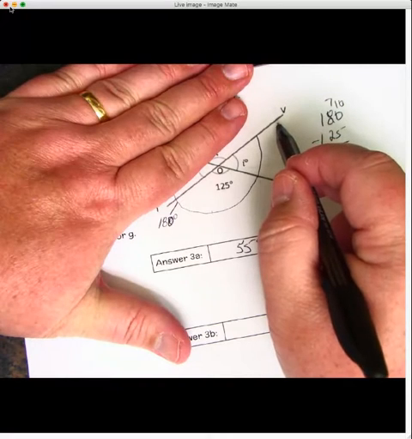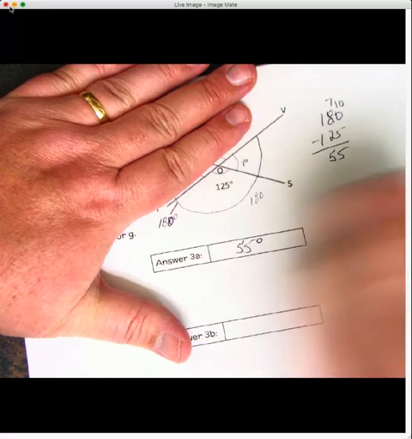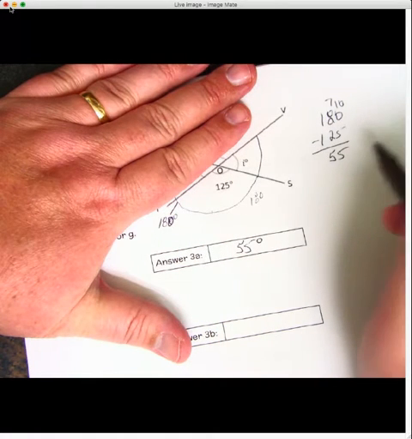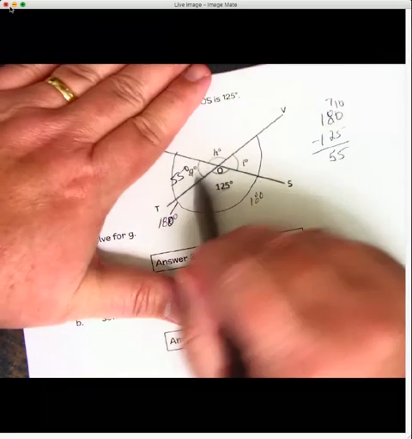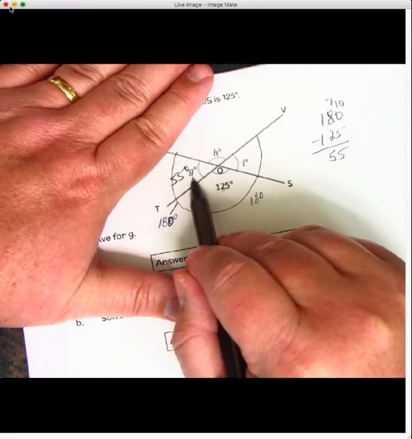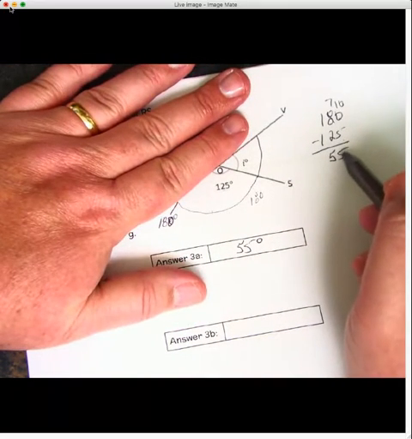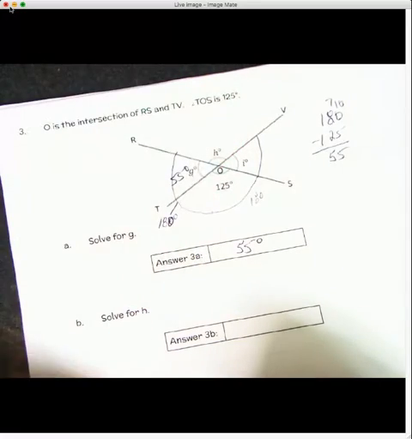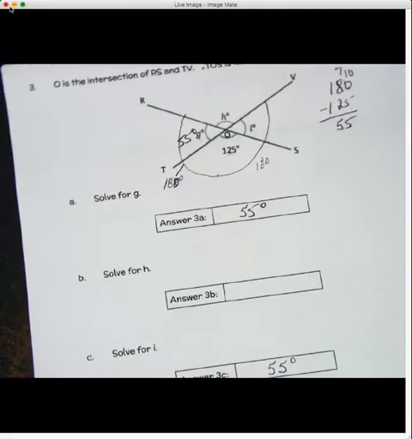If angle TV is 180 degrees, it's a straight angle, and we know that angle O is 125, didn't we just solve that by going 180 minus 125 to find G? We sure did. So I is going to be 180 minus 125 too. So I is also going to be 55 degrees. Sorry, you can't see that.